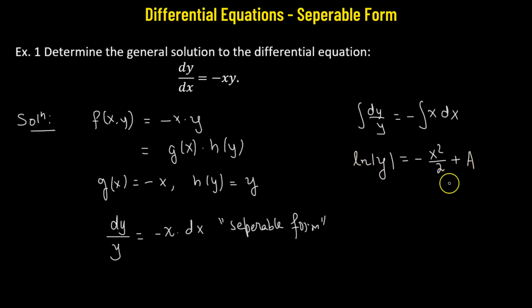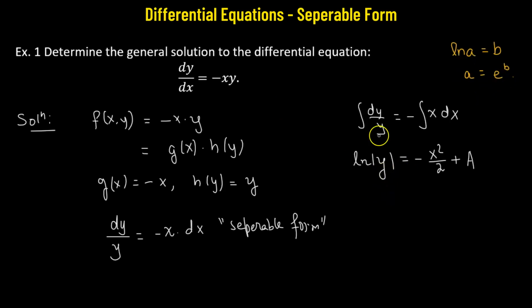However, we can further simplify this so that we obtain the solution in terms of y. To do that, we have to get rid of this logarithm. We will use the definition that whenever we have natural log of a equals b, then a will be equal to e raised to the power of b. So we are converting the logarithm to exponents.